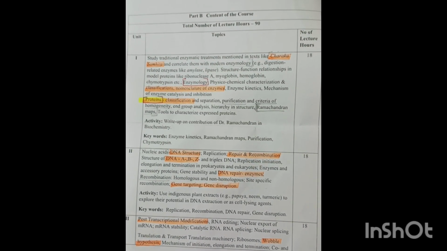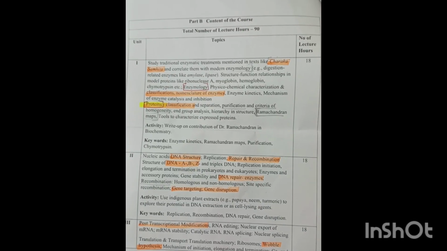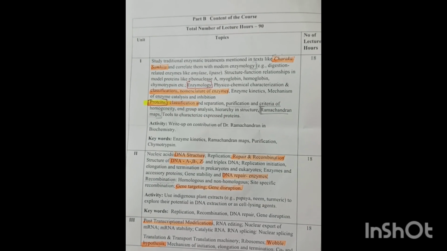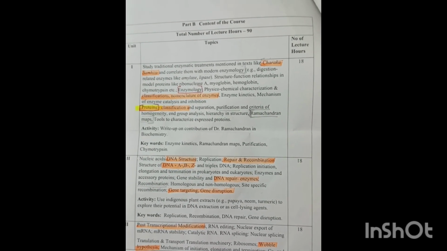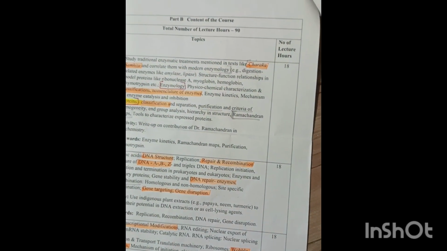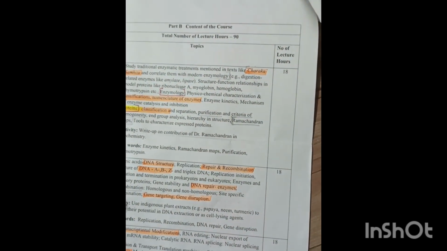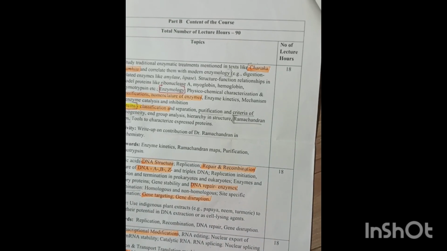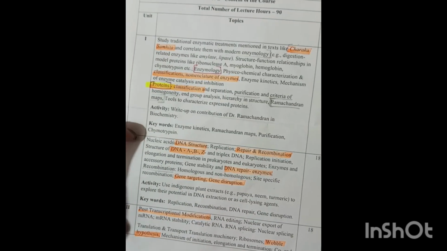Not a complete shift, but they are trying to put focus on the more conceptual part of the syllabus. Earlier they used to ask about Ramachandran maps, protein, and the major focus was on enzymology, but this time they have shifted to nucleic acids and transcriptional changes. So they have asked more of the application oriented part.